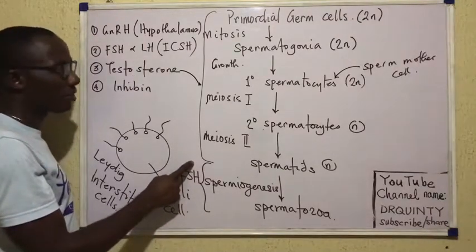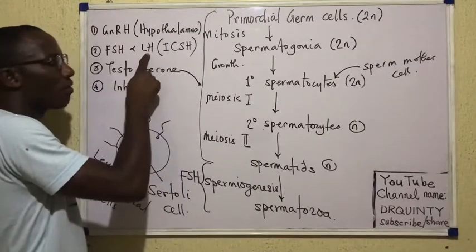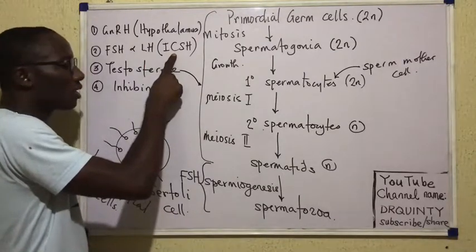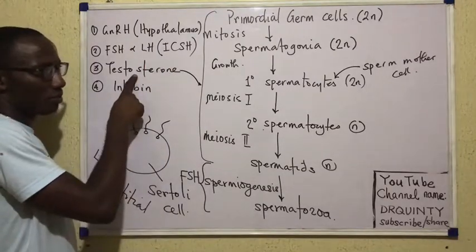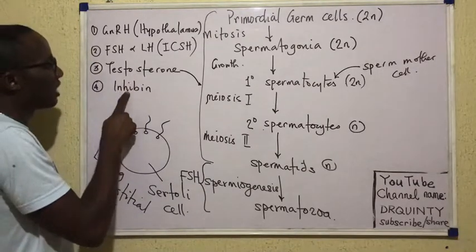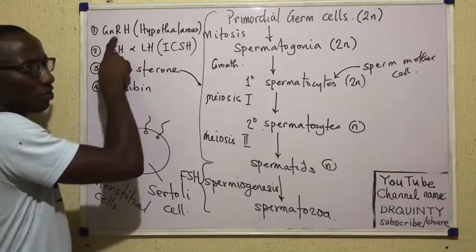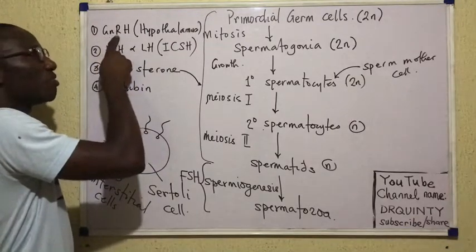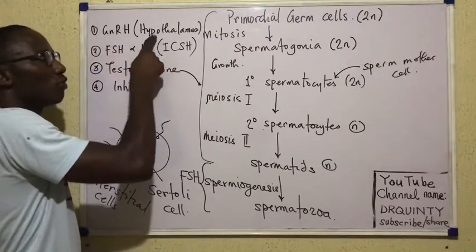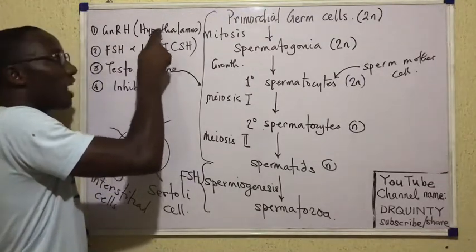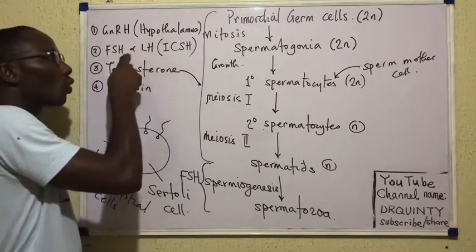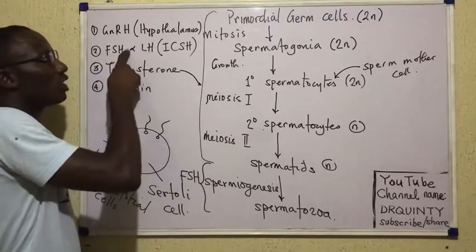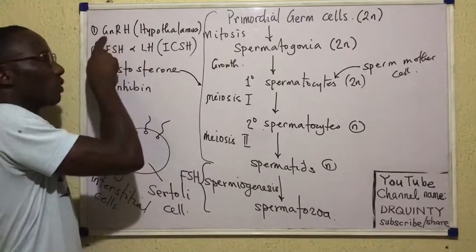They are directly concerned. As for LH, I already told us its function, that it stimulates the interstitial cells to release testosterone. Then we are left with inhibin and GnRH. Now for GnRH, as the name implies, gonadotropin releasing hormone, it is a hormone produced by the hypothalamus and used by the hypothalamus to control the anterior pituitary, to stimulate the anterior pituitary to release the gonadotropins.